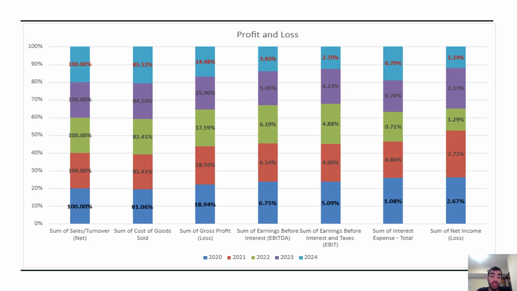As we see, for the net sales revenue, each bar represents 100% of annual revenue divided into cost and profit components.